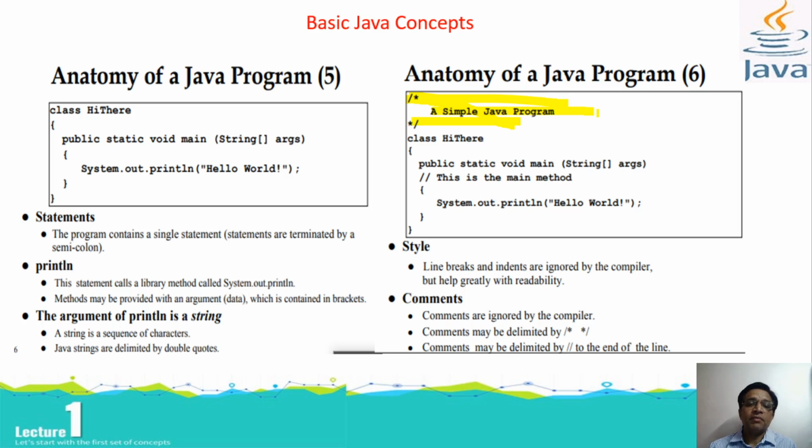Such a comment starts with a slash and a star, followed by any number of lines of comment, and then is closed by a star and a slash, right? In between these two we can put as many comment lines as we want.